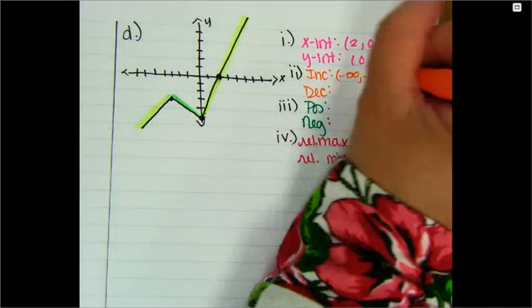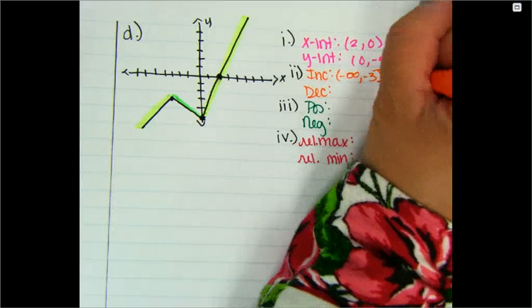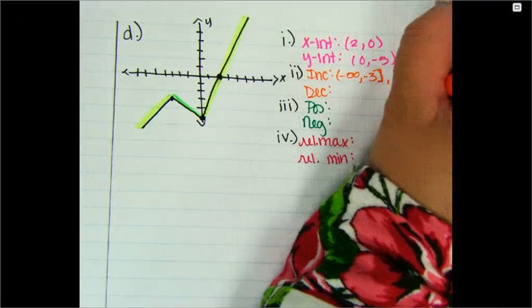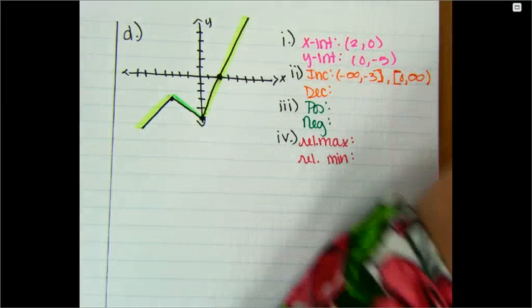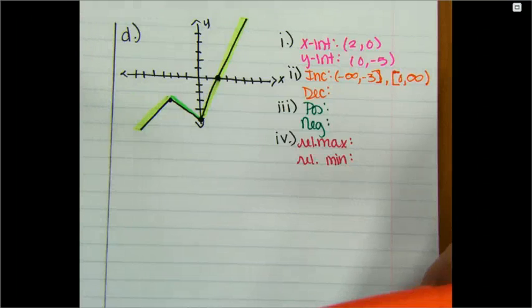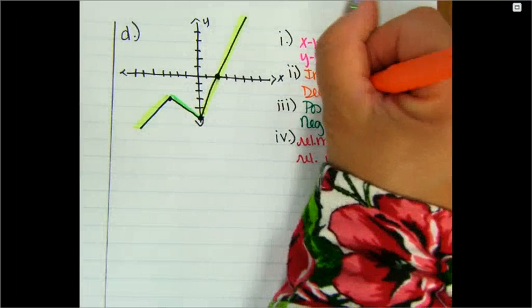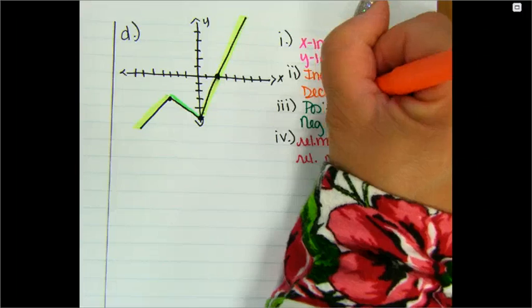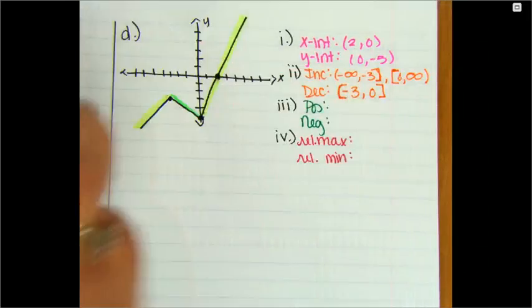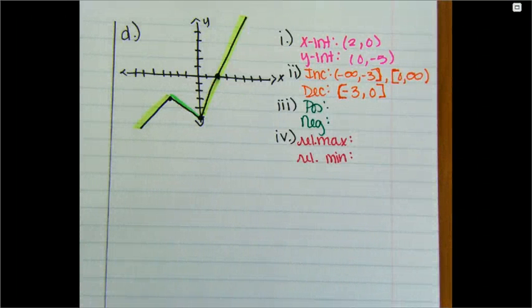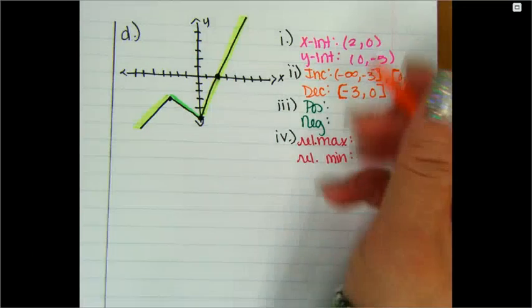And then again from where? Negative 5 or 0? To infinity? Is correct. All right, decreasing from where to where? Negative 3 to 0. Okay, positive. Where are we positive from? We're positive from 2 to infinity, and then?